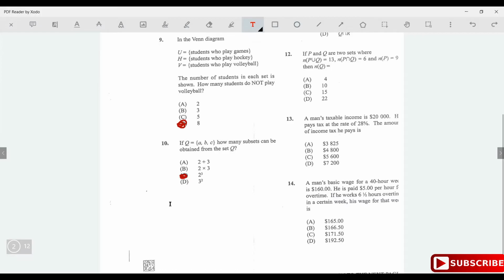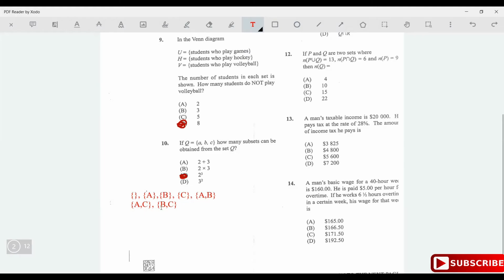You start with the null set. After the null set, you could have a set with just A. You could have a set with just B. You could have a set with just C. You could have a set with A and B. You could have a set with A and C. Then you could have a set with B and C. And then you could have a set with everything.